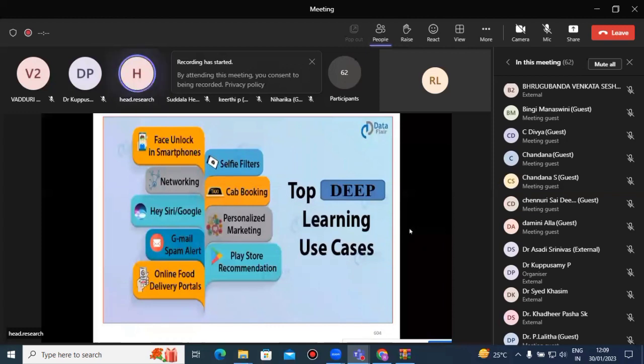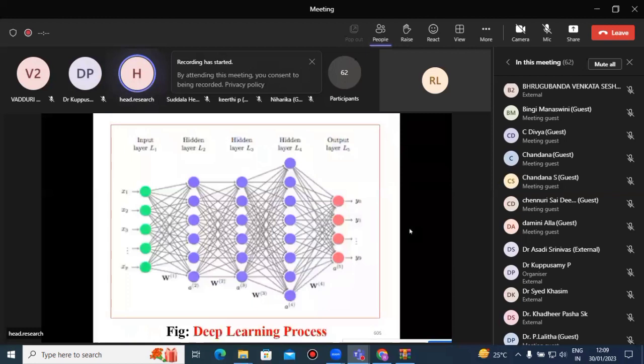So this is a deep learning process. Input layer L1, hidden layer L2, hidden layer L3, hidden layer L4, output layer L5. You may have doubts, sir, how many input layers and hidden layers can we use? As many as required for your problem, in order to get good results. W stands for weight.